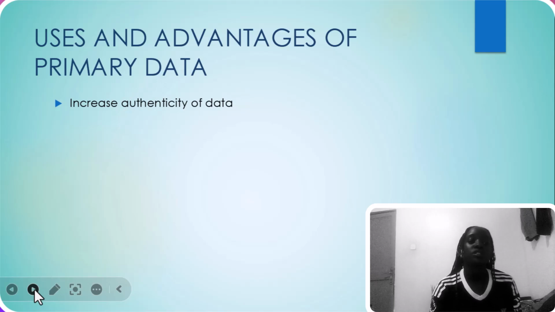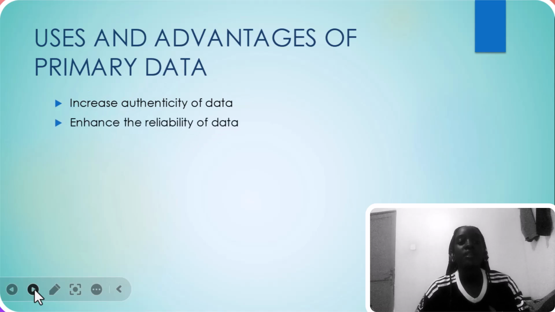They enhance the reliability of data. You can rely on that data. Why? Because it is primary. It is got from first hand, first source, the time when an event took place. So you should rely on it.